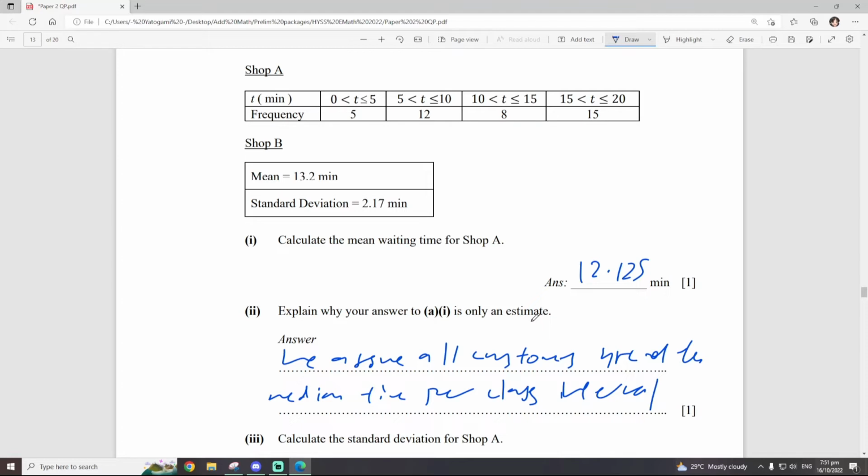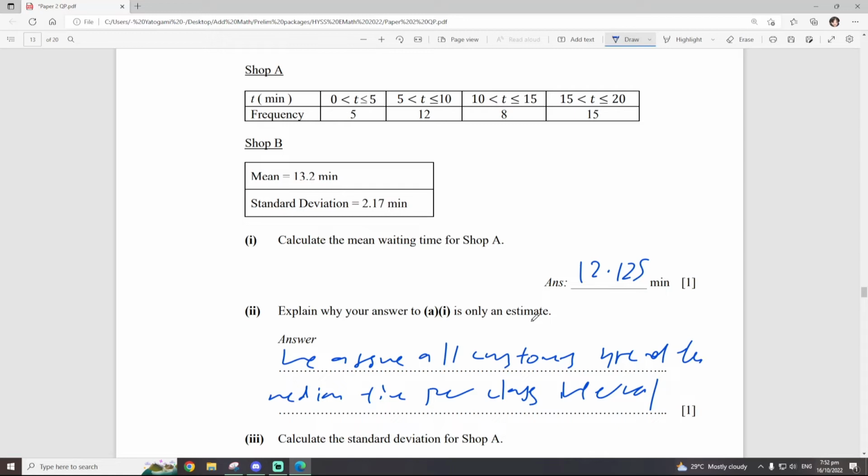Having a TI-84 is so much better for this. Stats. Data. Oops, not that. Stat. Five. No. 4. Oh yes, this one.